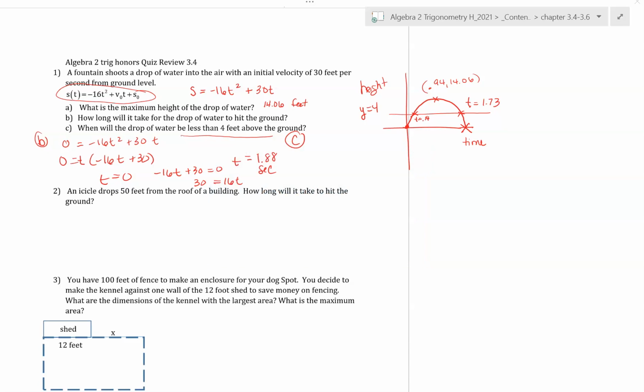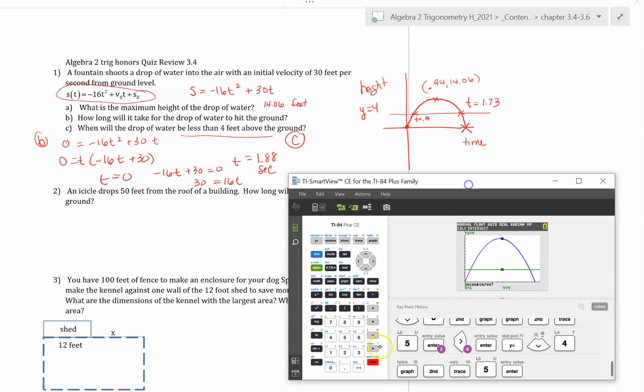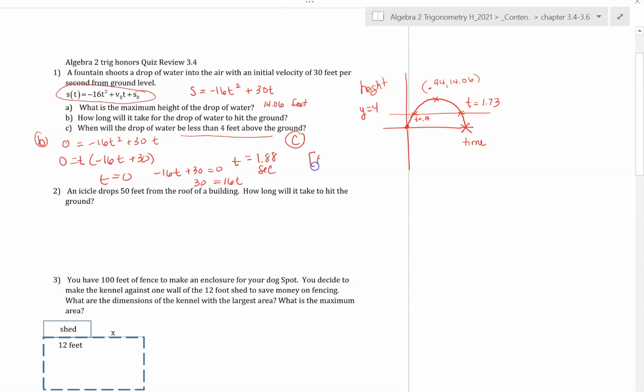If you go to calculate, intersect, and hit enter 3 times, you get 1.73. This time though, I wanted to know for part C, less than 4 feet above the ground. So that's at 0 seconds to 0.14 seconds, and then 1.73 seconds to the time that it hits the ground, which we already found was 1.88 seconds.